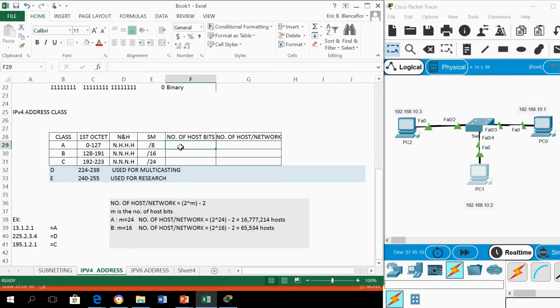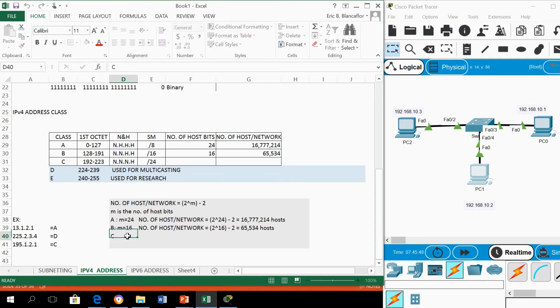So again, we have 24 host bits for A, and the number of hosts per network is 16,777,214. Here we have 65,534. And then the last is for C. How many host bits do we have at C? M is the host bits. We go here and look. We only have 8 bits, right?